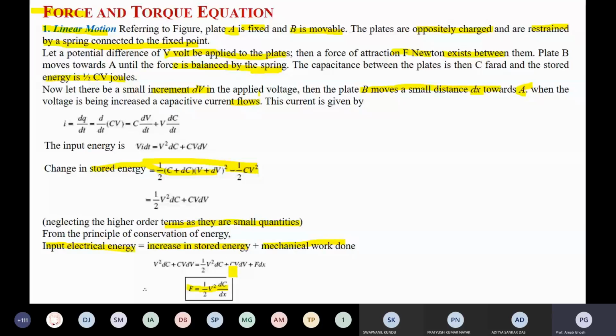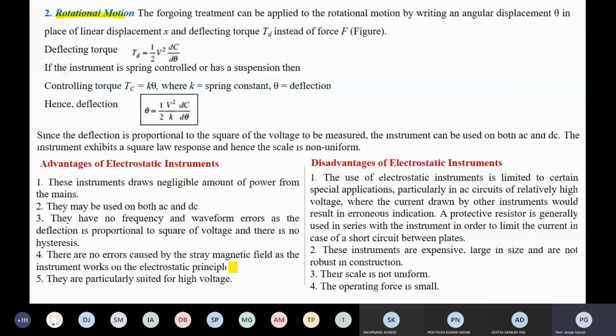I think you are able to understand the expressions of the moving parts of your electrostatic instrument. So what are the most important advantages of the electrostatic instrument? This instrument draws a negligible amount of power. So what are the advantages and disadvantages?